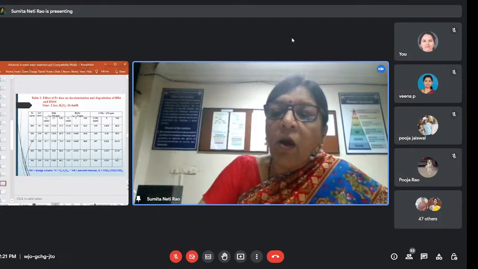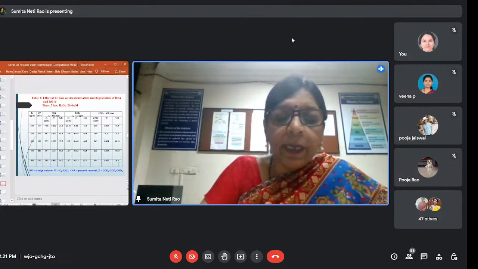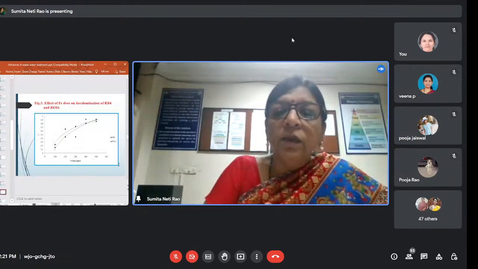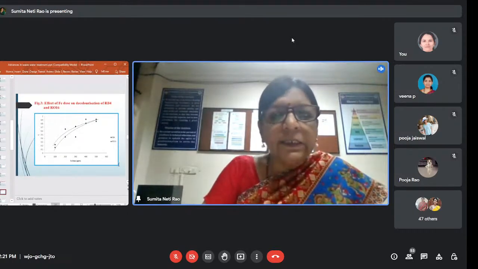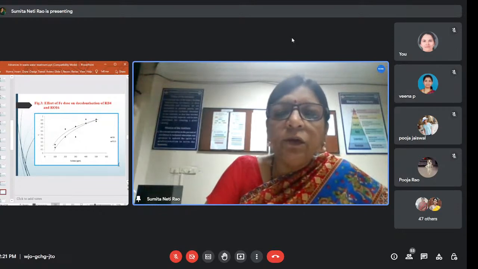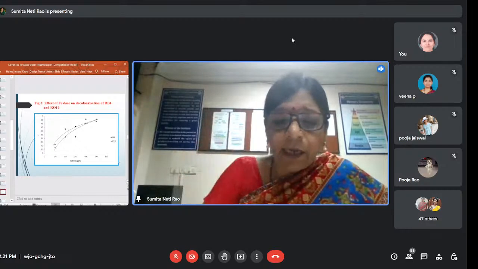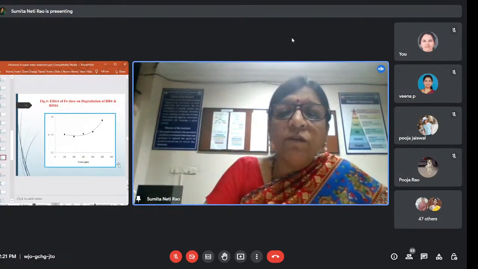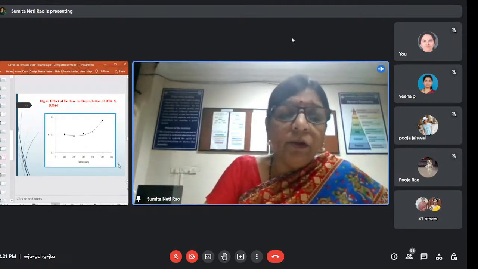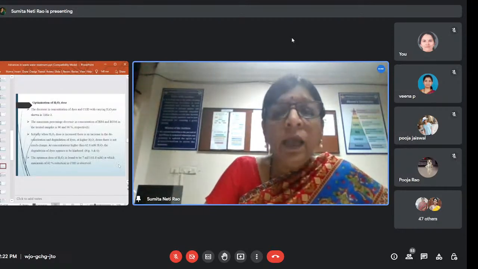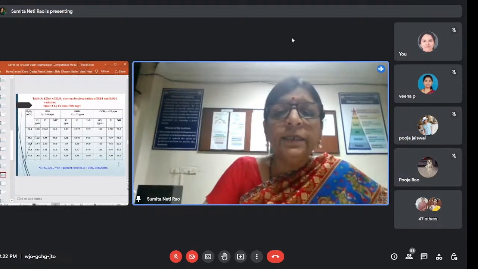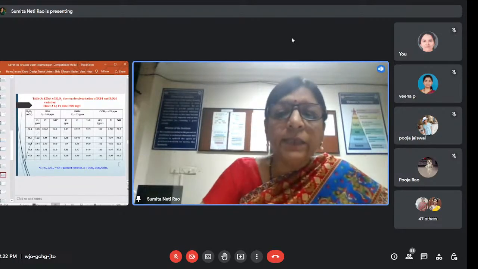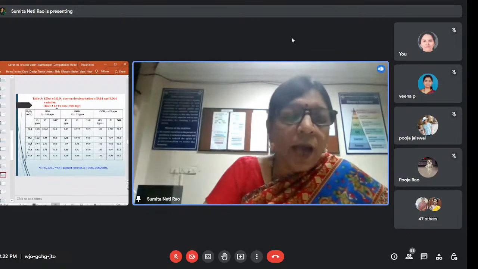So we got maximum removal at 500 milligram per liter of iron dose. These are the graphs that were plotted to show how increasing the iron dose helped in the removal of color as well as the reduction in COD values. H2O2 dose was varied. There you can see that the maximum time was 2 hours.